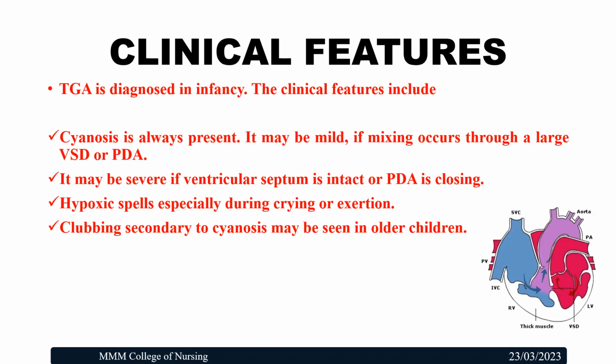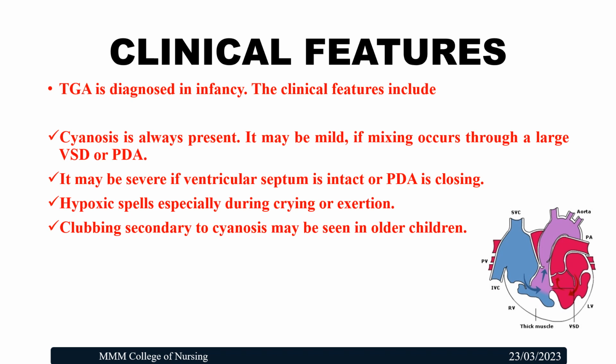Coming to the clinical features. The entire pathophysiology has been changed, so now the child is diagnosed as TGA. The features include cyanosis, which is always present because of the high mixing of oxygenated and deoxygenated blood.